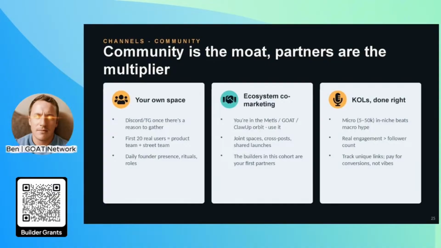You know, an account with 5,000 or 50,000 followers, but the vast majority of their audience is focused on your niche. When they get real engagement, that will outconvert a generic account nearly all of the time.